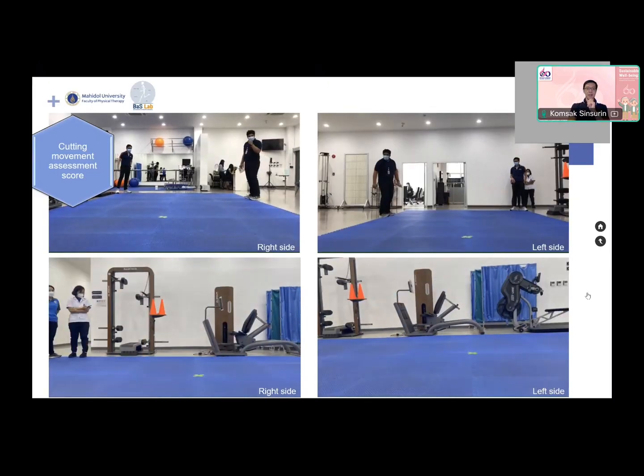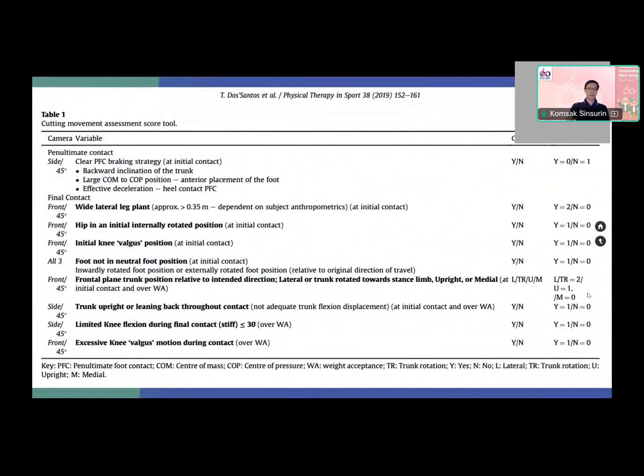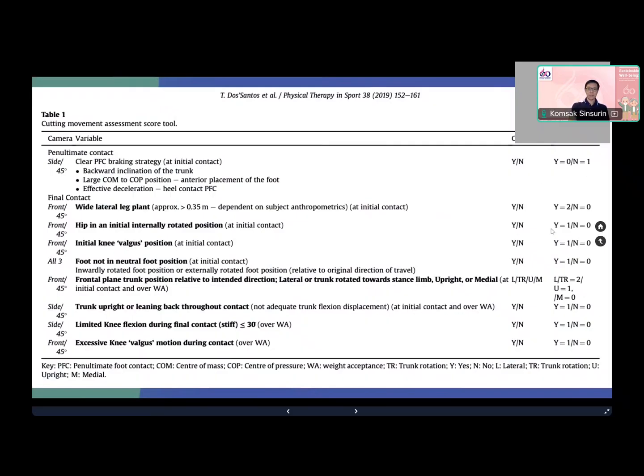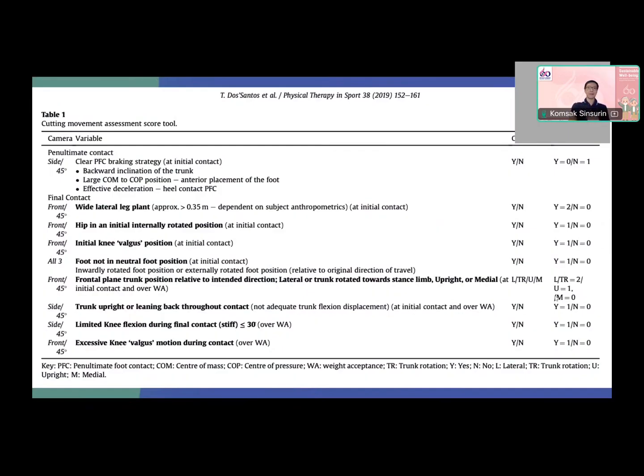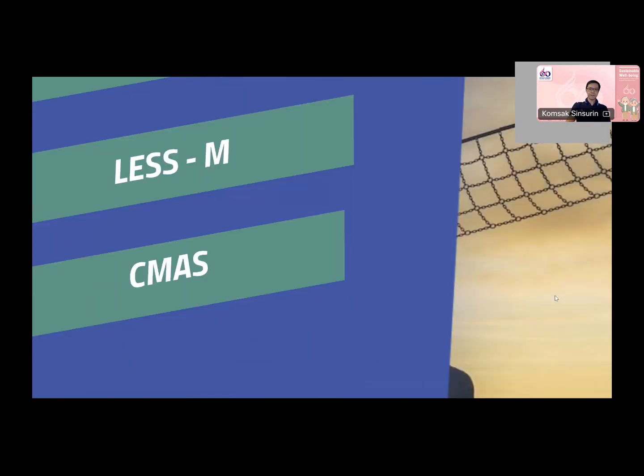Then we use the recorded video and score all items of the CMAS. If we can observe the movement in an item, we provide a score of 0, 1, or 2 per item, and then sum the scores as the total score. Yeah, that's the CMAS.